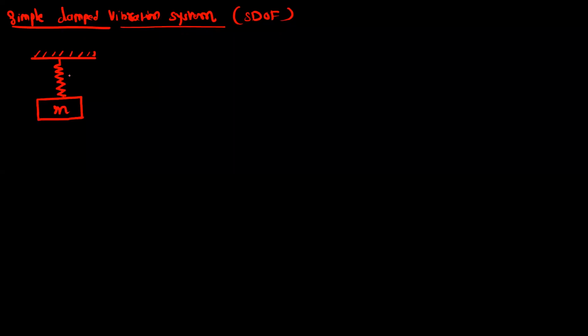This is the mass of the system and this is the stiffness. Any complicated single degree of freedom system can be represented like this. For this system we know its natural frequency, omega n, equal to square root of k by m, or square root of k equivalent upon m equivalent. You know the meaning of k equivalent and m equivalent. Similarly, the damped vibration is represented by adding one extra element, that is a damper.